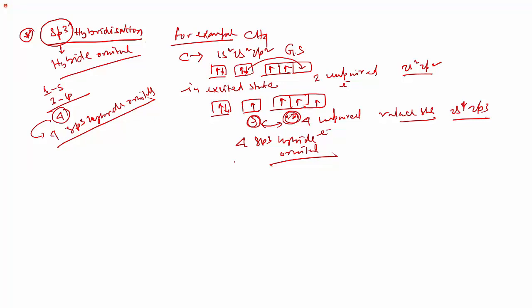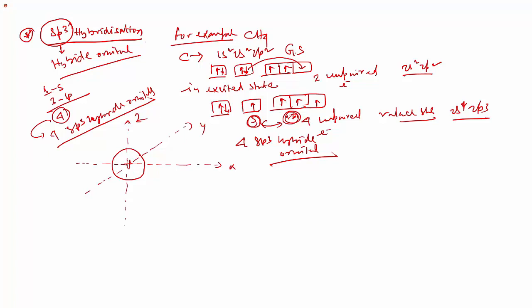Okay, so now the question is how these 4 orbitals mix up and how they form. The s orbital is spherical, we know that again. So these are the coordinates. I am drawing the x-axis, y-axis and z-axis. So this is the x, this is the y, and this is the z.